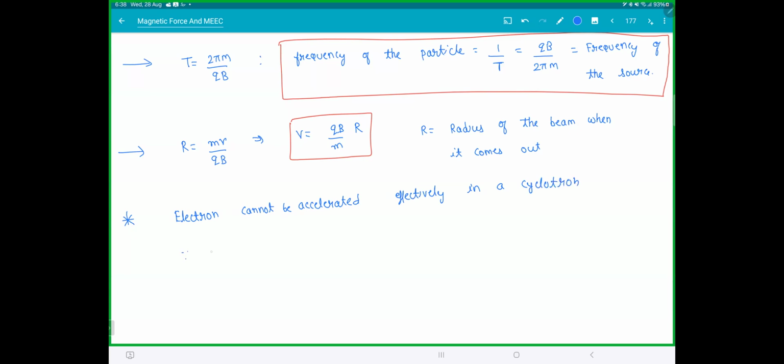Reason: since the mass of the electron is very small, they reach very high speeds, and the relativistic effects come into the picture.